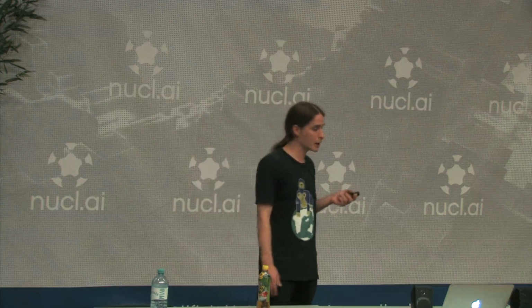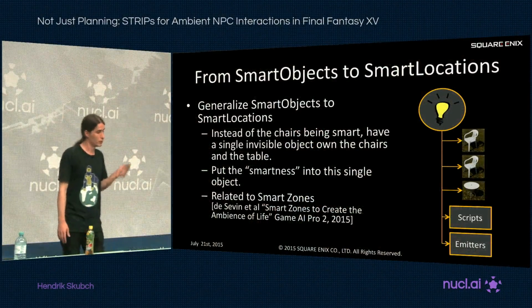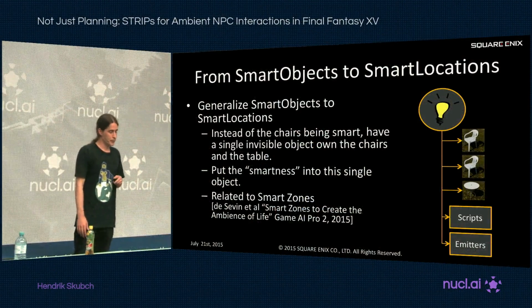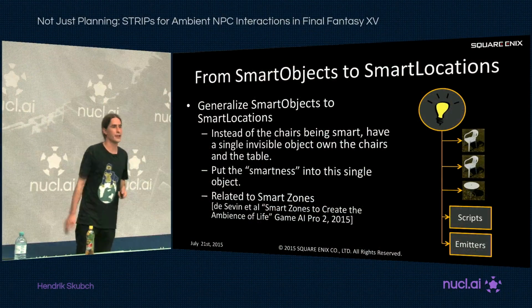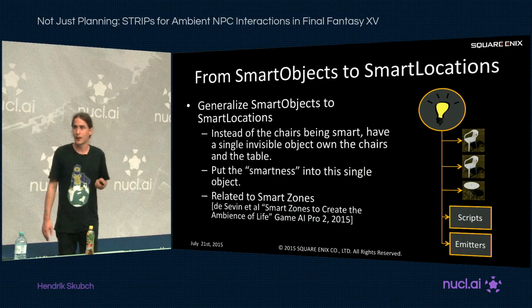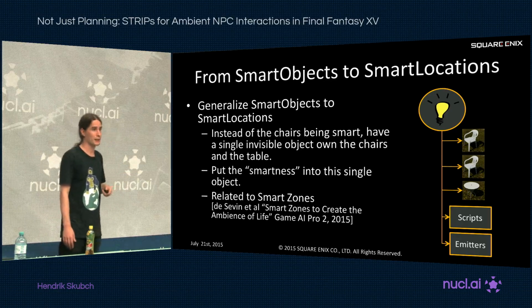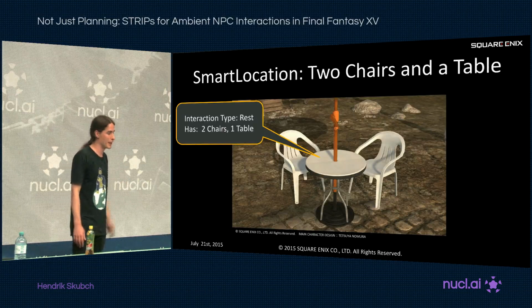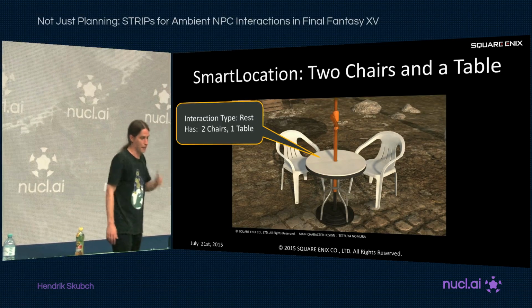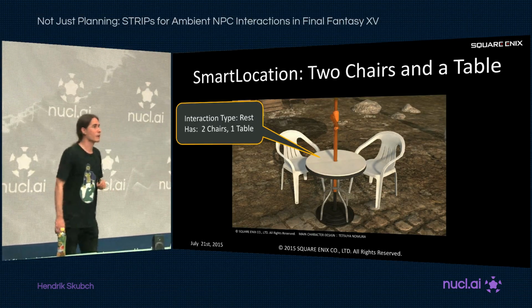It's very, very close to the Smart Zone approach that was recently published about in Game AI Pro 2. Pretty much very similar. But where we diverge is on the scripting side, which would be the second step that we have. But for now, a short look back to the 2 chairs and the table.